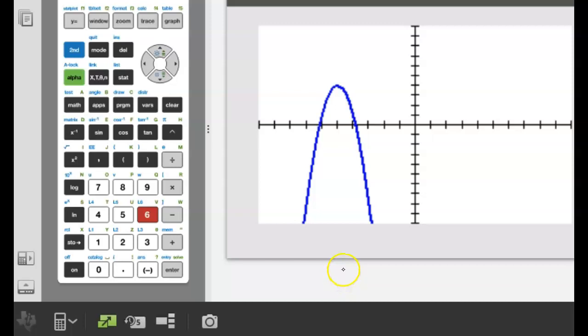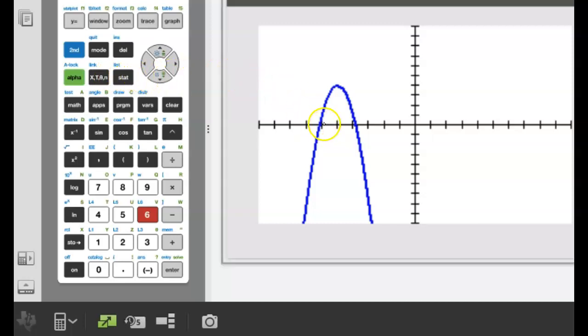Who needs help? You should be using this button for the X. Did you do zoom 6? Is it good now? Anybody else? Everybody got it?